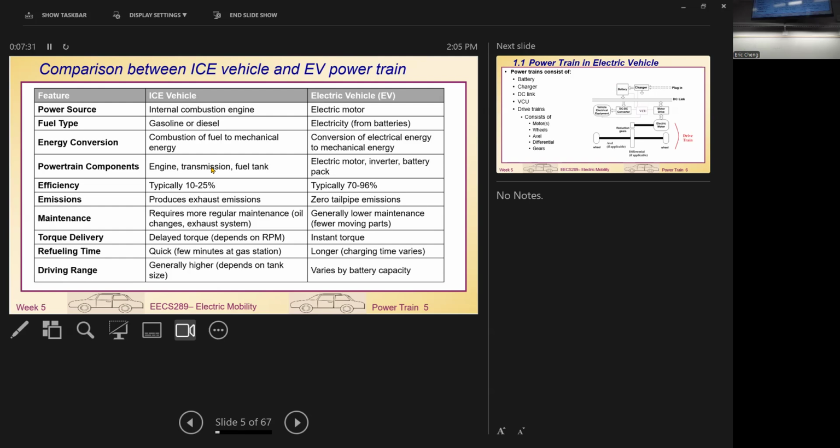However, for the electric vehicle system, it's basically at least 70%, or for some vehicles 96%. 96% means from the electrical input power to the motor. That's already really good because we have the charger, where we miss some efficiency, and also the battery input and output, the inverter, and the motor.